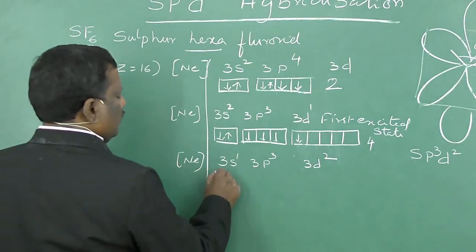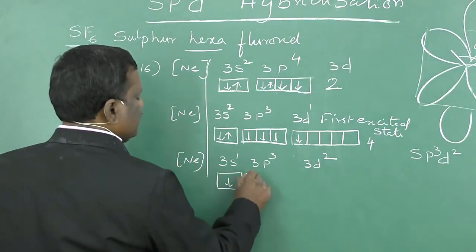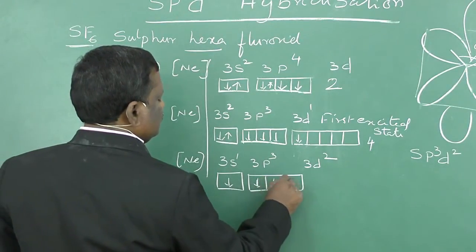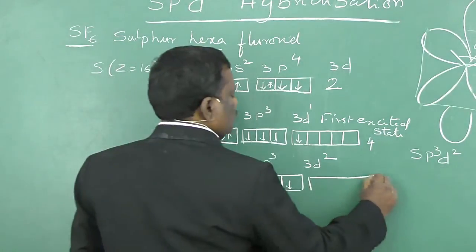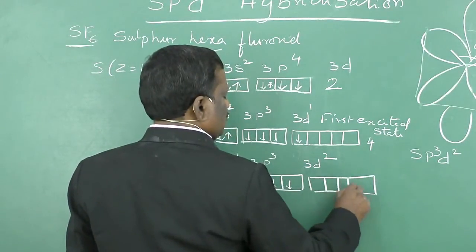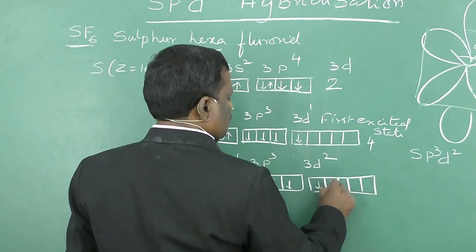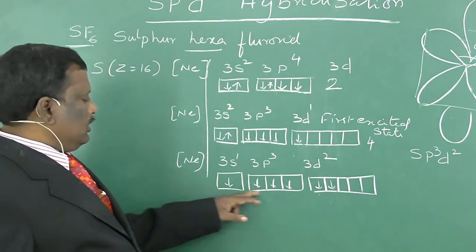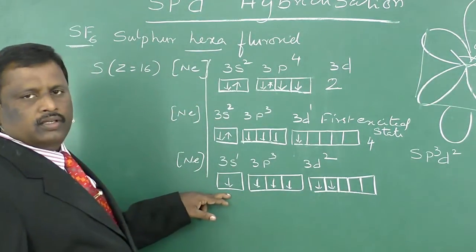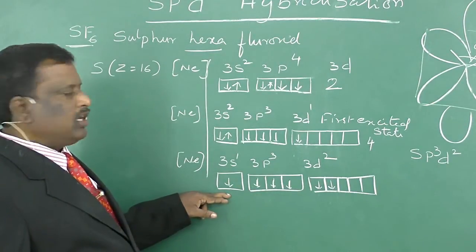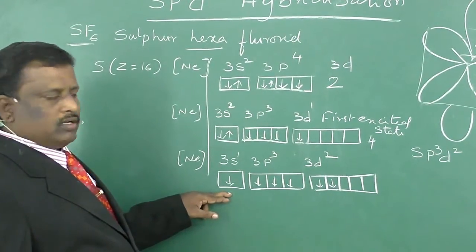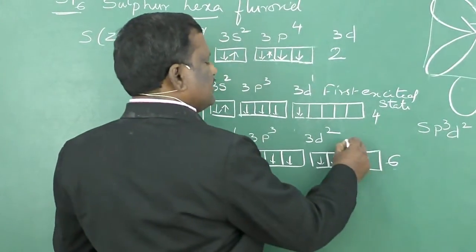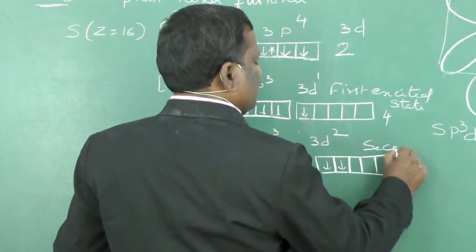Now we have 1 electron in the 3s orbital, 3 half-filled p orbitals and 2 half-filled d orbitals. Now we have 6 electrons in the valency shell of sulfur. Here valency is 6. This is the second excited state.